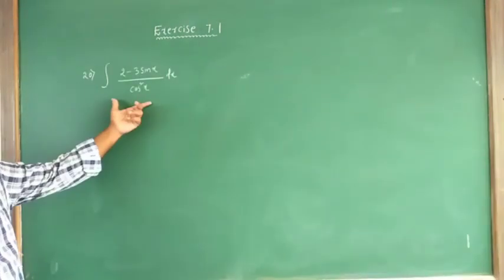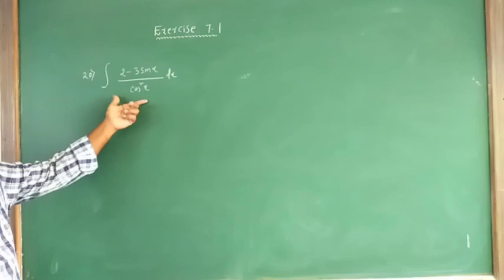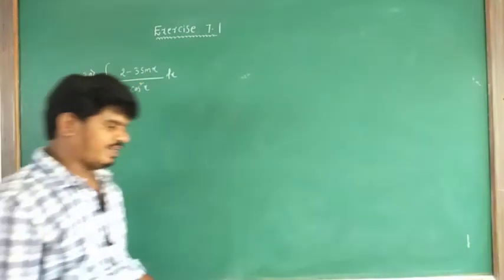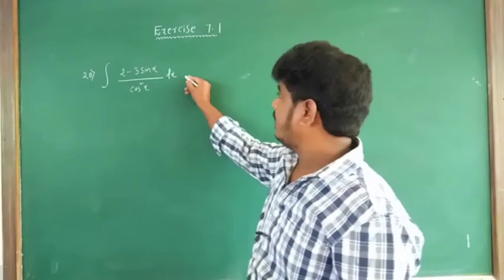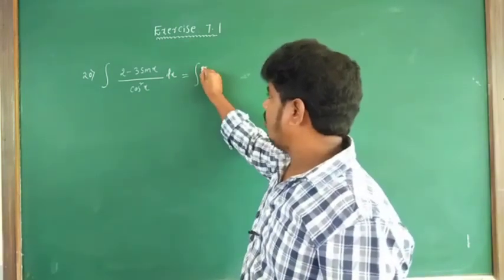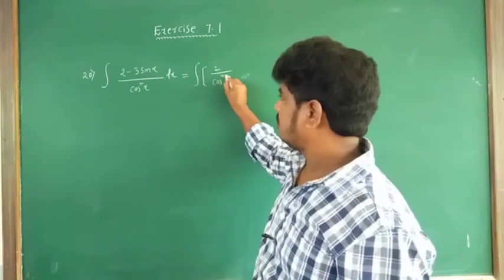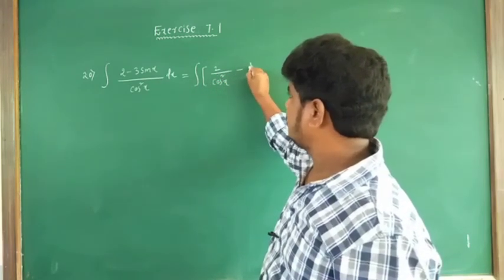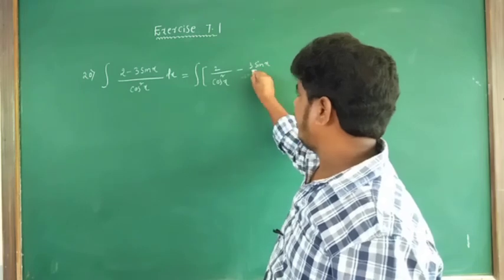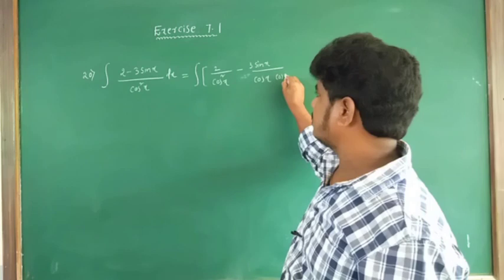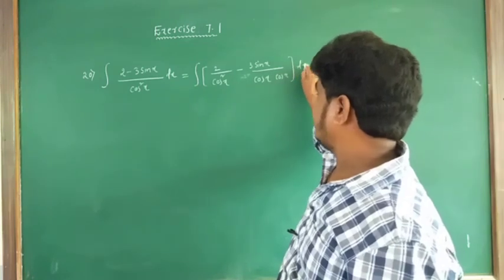Next, 28th. What is the integral of 2 minus 3 sin x divided by cos square x dx? This I am going to write as the integral of 2 divided by cos square x minus 3 sin x divided by cos square x, cos x into cos x, dx.